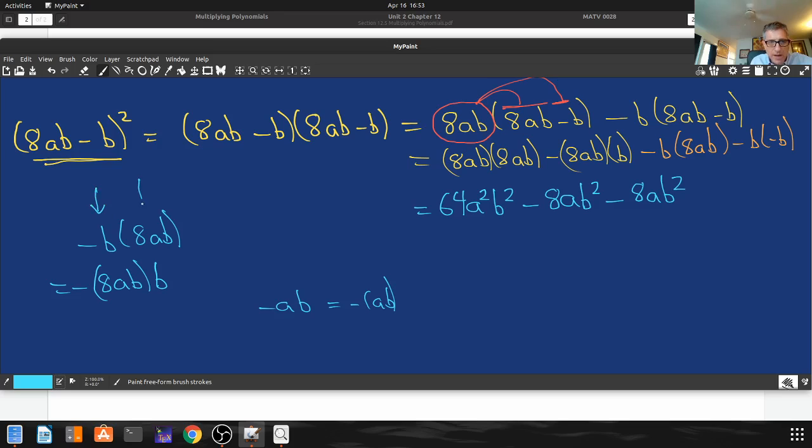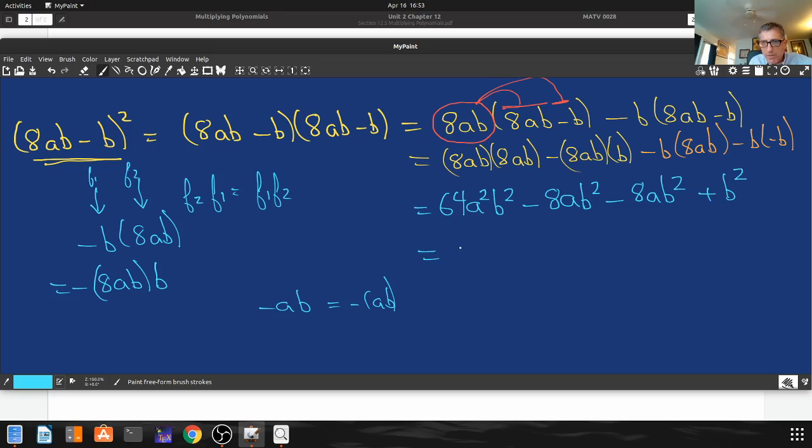This is one factor and this is the other. And factor 1 times factor 2 is the same as factor 2 times factor 1, because order of multiplication doesn't matter. And then minus b times minus b is plus b squared.